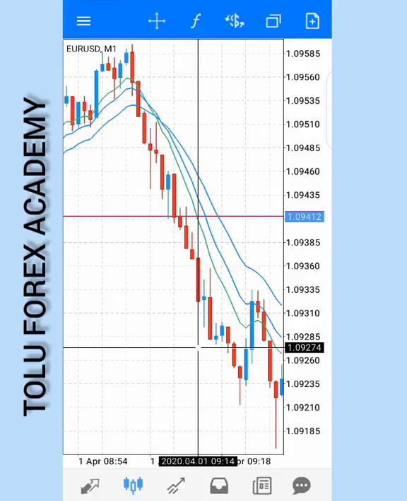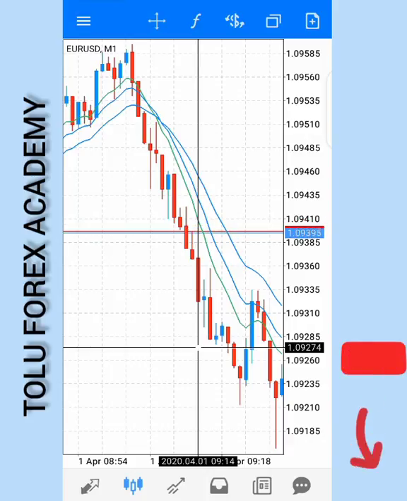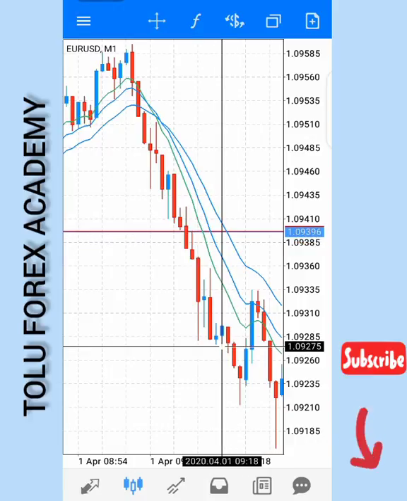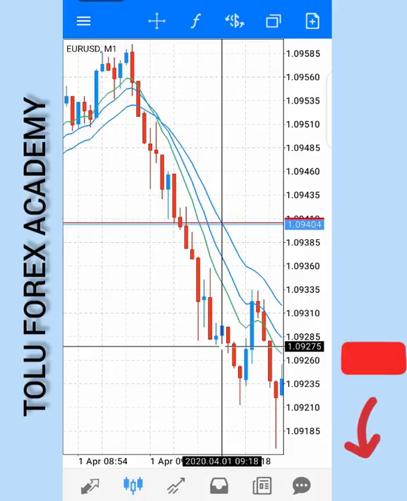So this E.M.A. works that way. What you need to look for simply is where the green crosses downwards, and then if you have set your take profit for, let's say 100 pips for example, or how many pips, let's minus it from there.